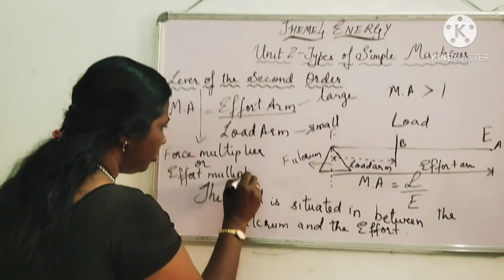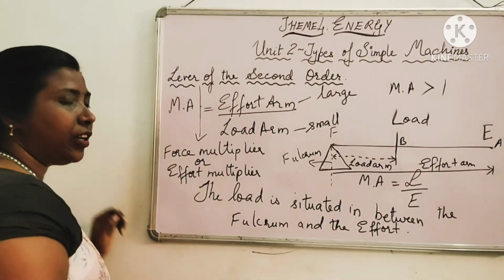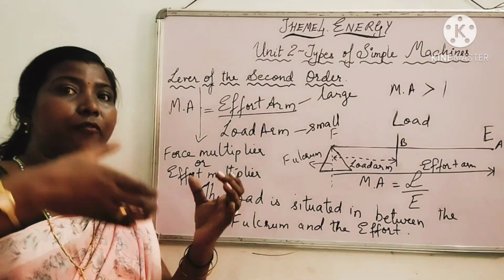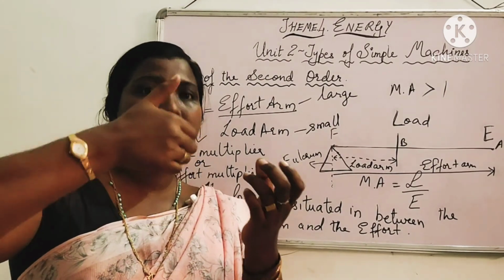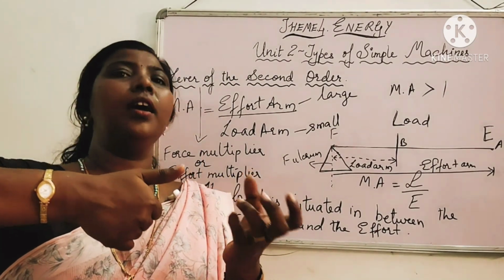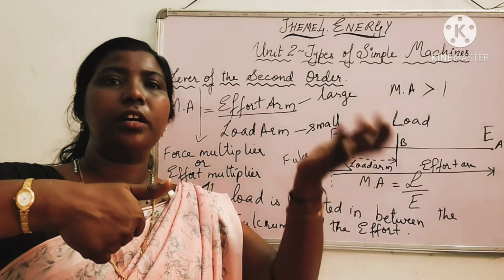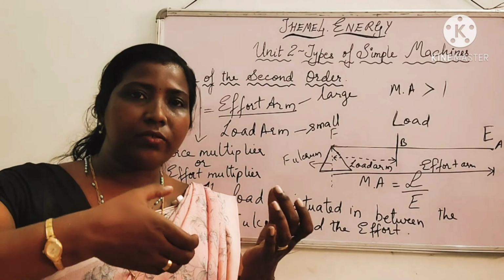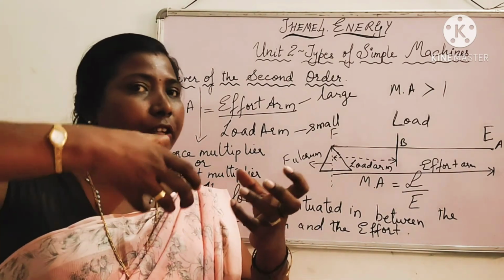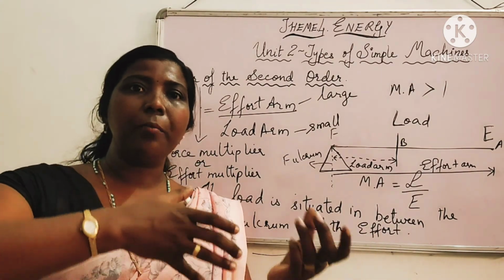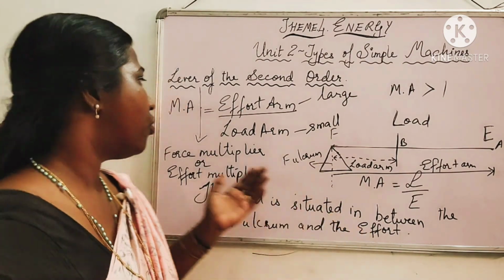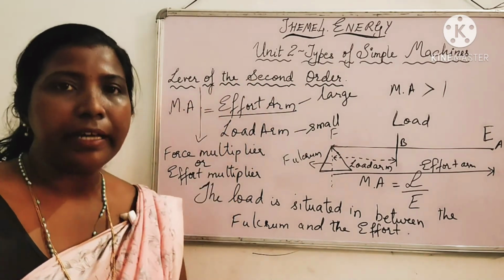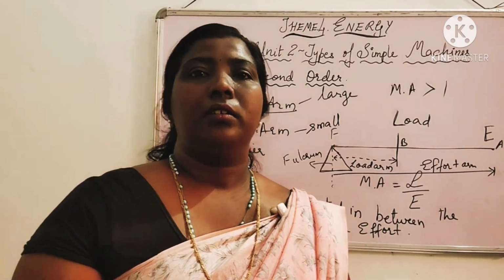Since we have an example, I said the nutcracker, because we are putting an effort to crack that nut. How much effort we are putting in, and the work the machine is doing, the machine is multiplying our work. So we are multiplying the effort, so that is a force multiplier or effort multiplier.